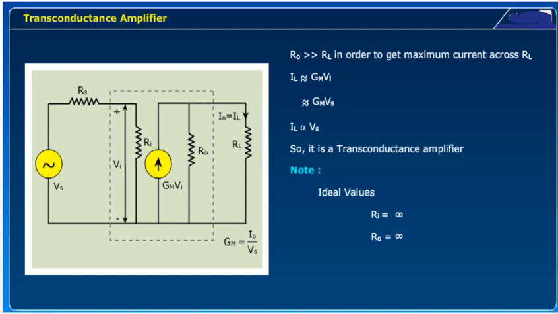In this amplifier, to get the voltage Vi across Ri, we have to apply the voltage division rule, and similarly to get IL, the current flowing through the load resistor, we have to apply the current division rule. Then we will get these relations. IL is directly proportional to Vs, and you have to remember that for the ideal transconductance amplifier, Ri and R0 are both infinity.